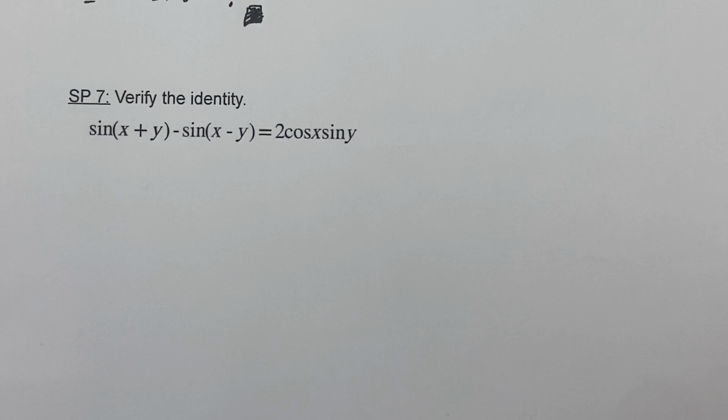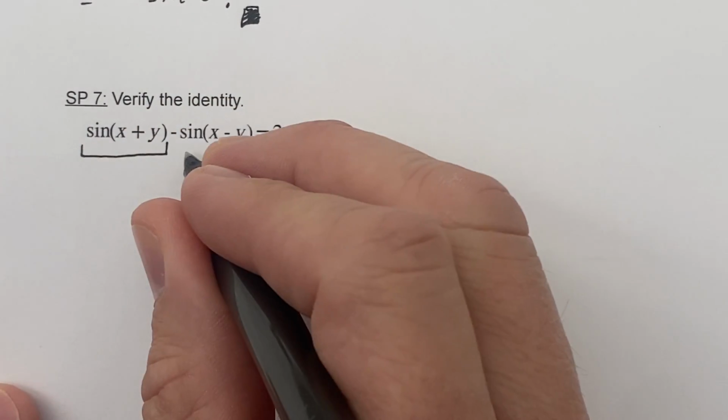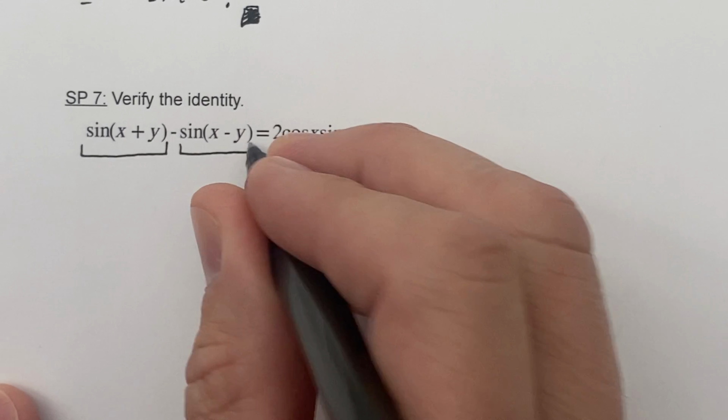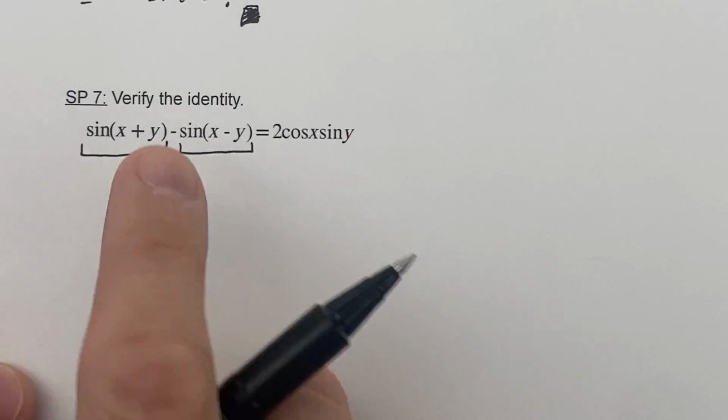A little bigger one here, but that's all right. We actually get to finish with kind of a double sum or difference here. We have the first one, sine of x plus y, and then we also get a sine of x minus y. Awesome. Let's start with the x plus y.